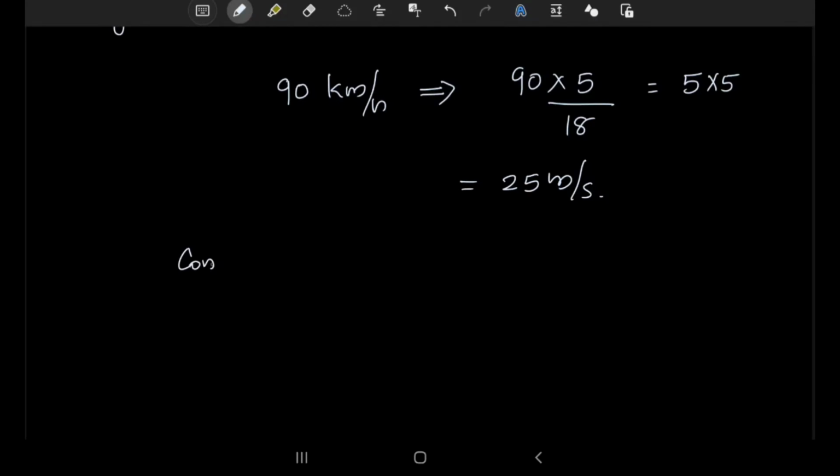Next is convert 60 meter per second into equivalent kilometer per hour. This is another question.